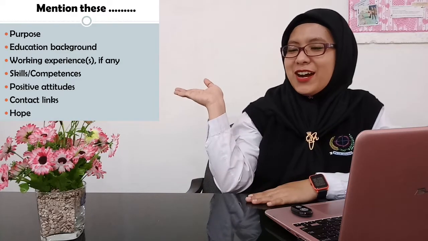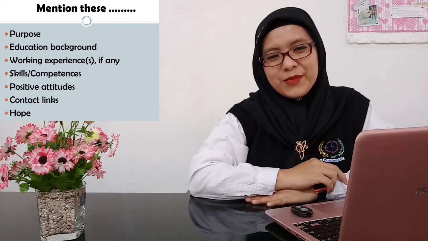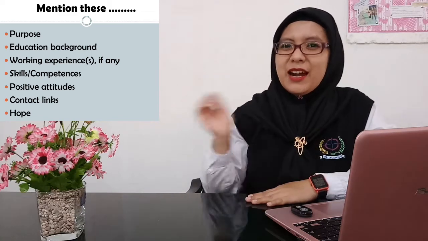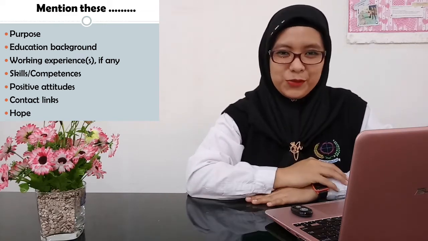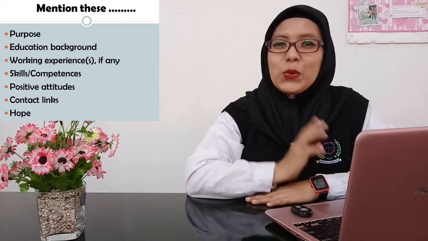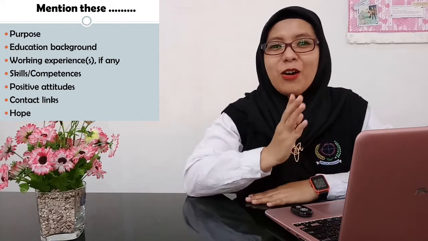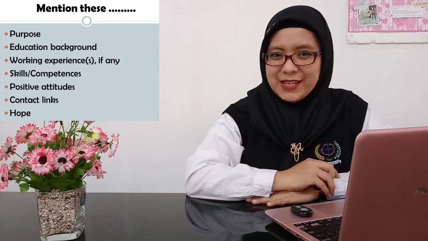Okay, now let's discuss in more detail about your personal information that I think is very important for you to mention in your application letter. Here is the information. Okay, and I think these are quite complete about you. You would begin with the purpose of you writing the application letter.